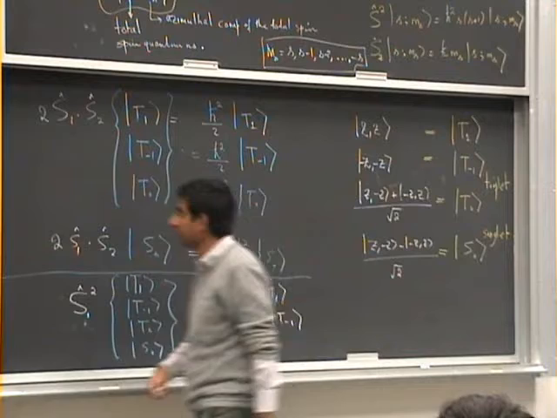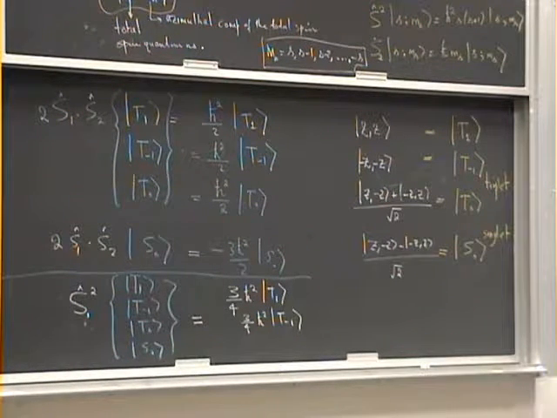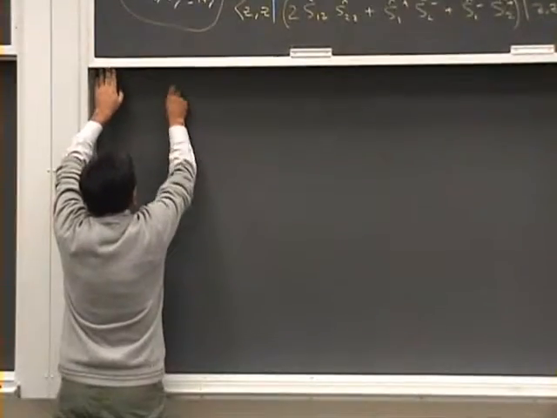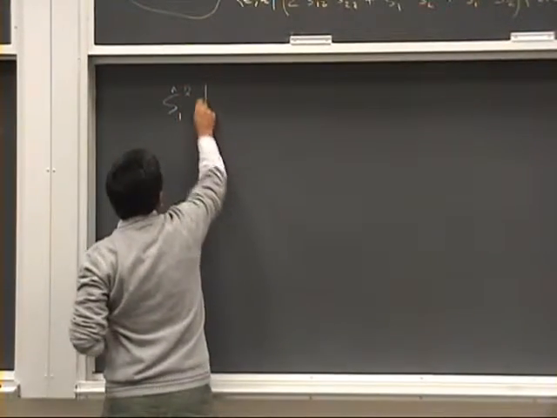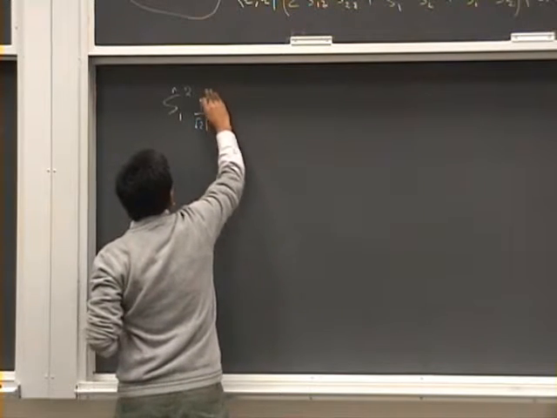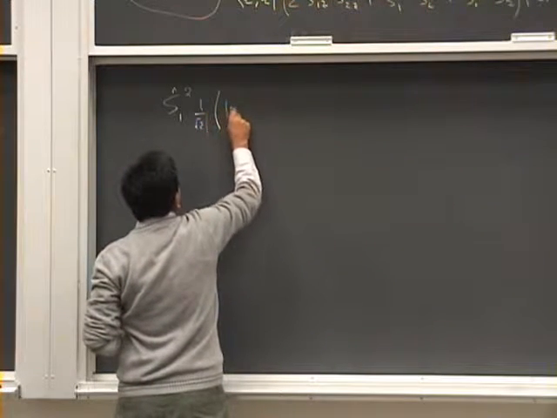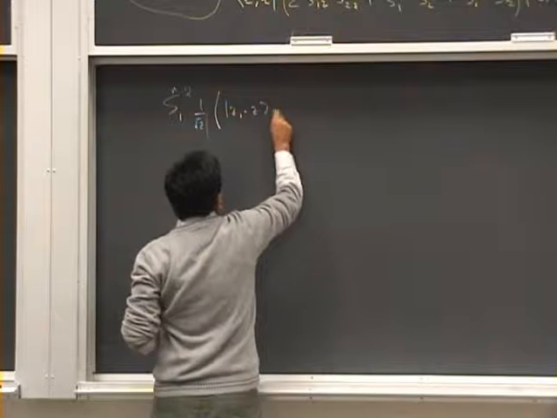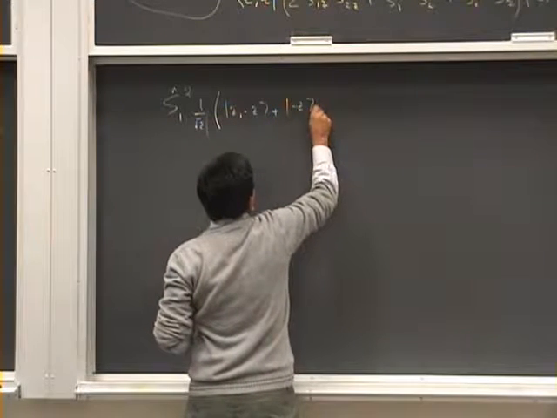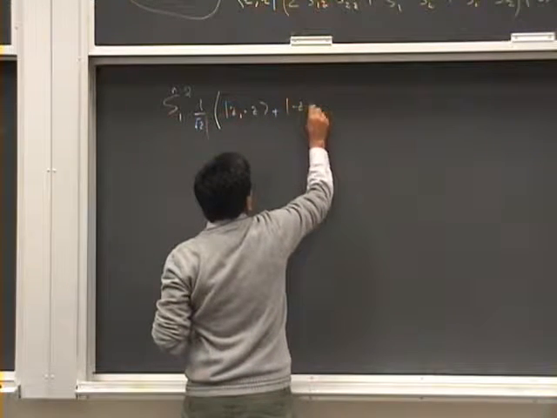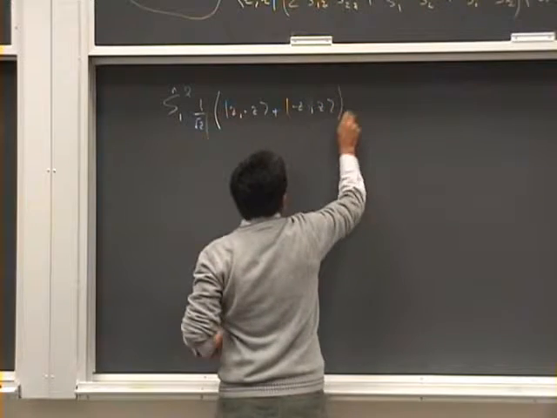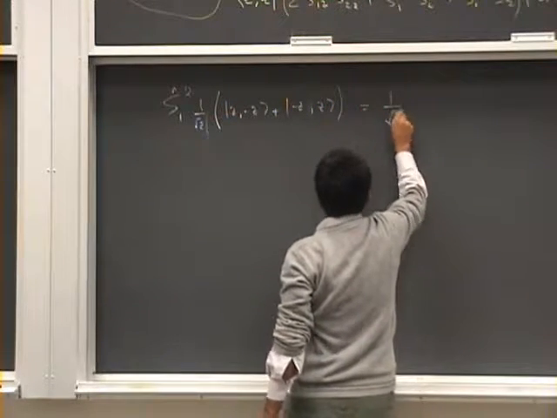We can look at S1 squared acting on T naught. What is T naught? It is 1 over root 2 times the state with plus z minus z plus minus z plus z.